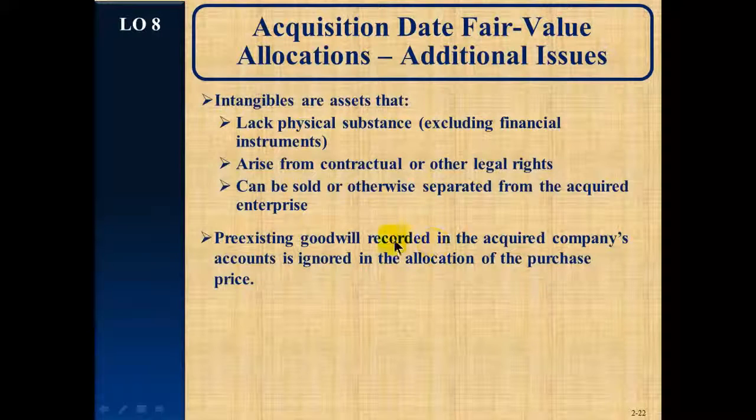But you're not trying to value goodwill that already existed, because that subsidiary you're about to buy could have, years ago, purchased some other company and had goodwill on their books when they did their purchase accounting, or acquisition method. You now, in this current transaction, are going to ignore that.